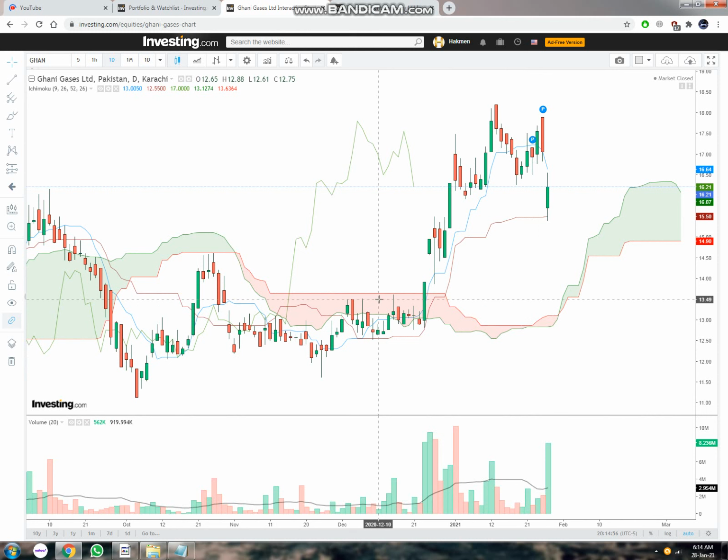So if you want to know the direction of the trend, whenever the blue line, the Tenkan Sen, crosses above the Kijun Sen, it means that the trend will turn into an uptrend. At this level, it did cross. Sorry, I'm forgetting the names, but I will say the red line and the blue line.